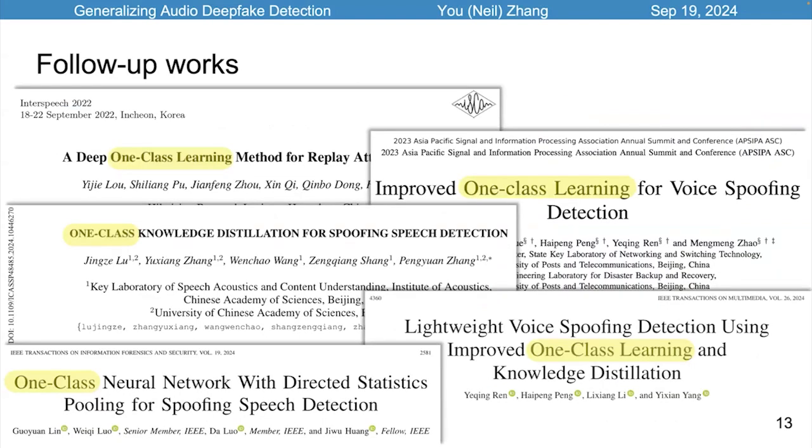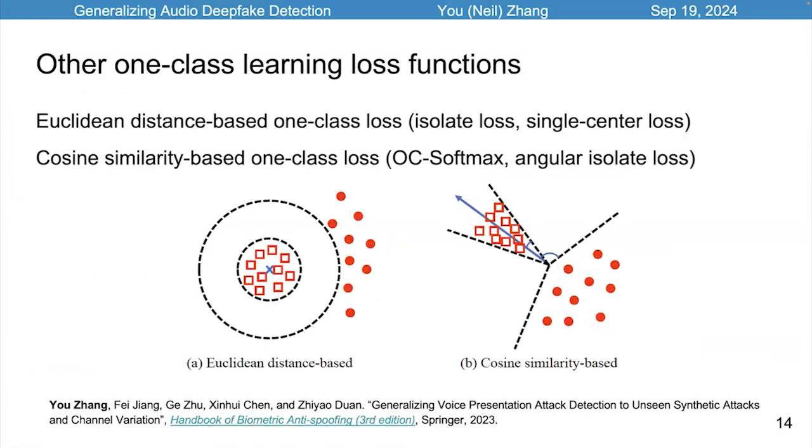And there have been many follow-up works in the community that further developed this one-class learning-based deepfake detection method, improved it, and also generalized it to some other scenarios. And in our group, we also extend this work and propose further one-class learning loss functions.